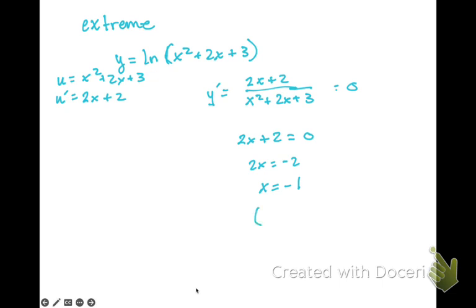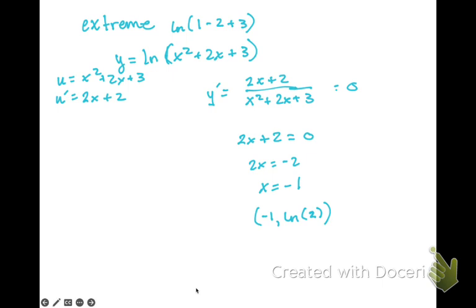So if I ask you for the point, how would you find the y? You plug it in, right? So I would have the natural log of 1 minus 2 plus 3, which would be the natural log of 2.